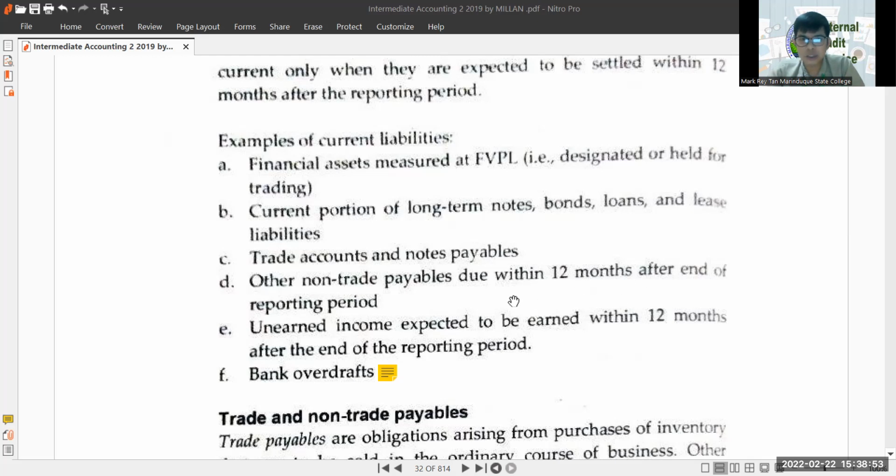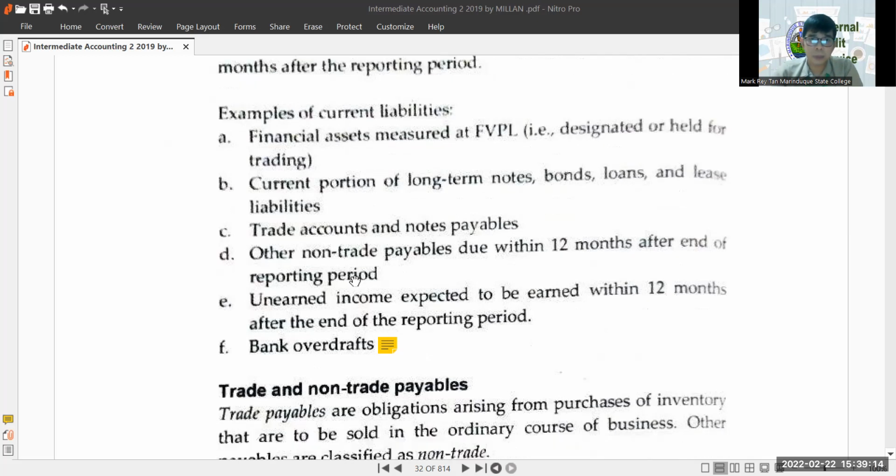So, if you will notice, halos pare-pareho na lang sila ng term, itong mga within 12 months after the end of the reporting period. Whatever that is, as long as mayroong mga ganyang statements, safe assumption na they are to be considered as current liabilities.